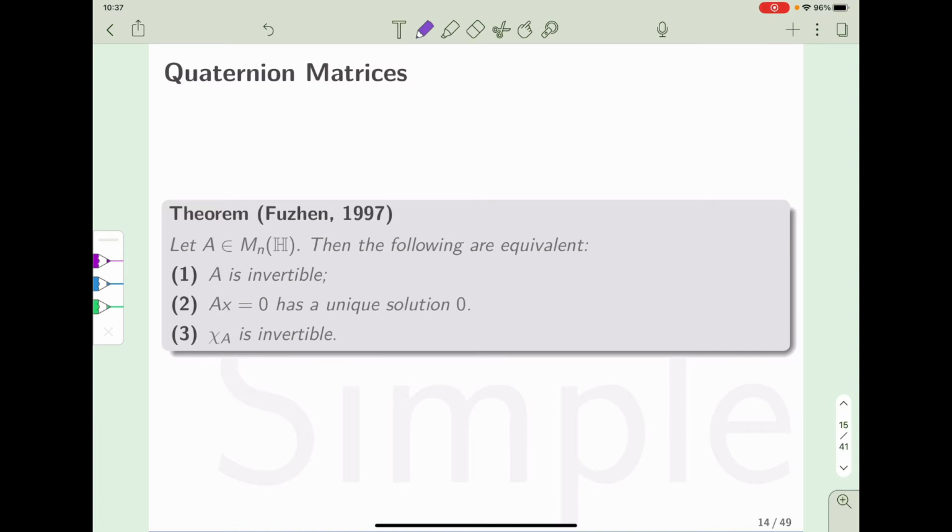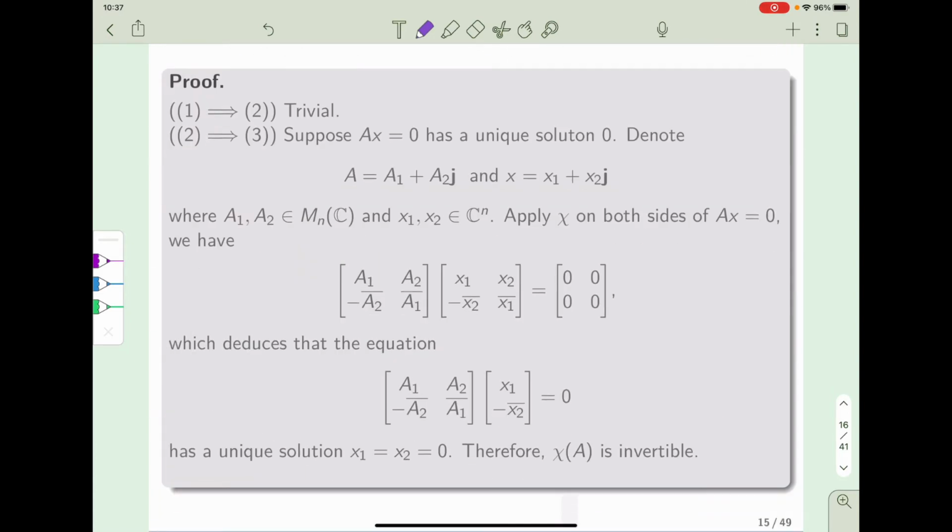From 1 to 2 is trivial because you can multiply A inverse on the left side. And from 2 to 3, we start with the equation AX equal to 0 and apply chi on both sides. By the assumption, the vector x1, x2 can only be 0, which implies that chi of A is invertible.